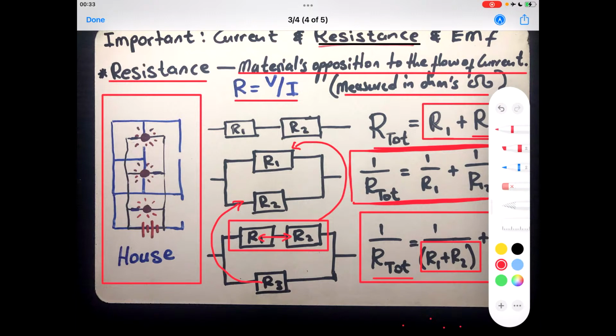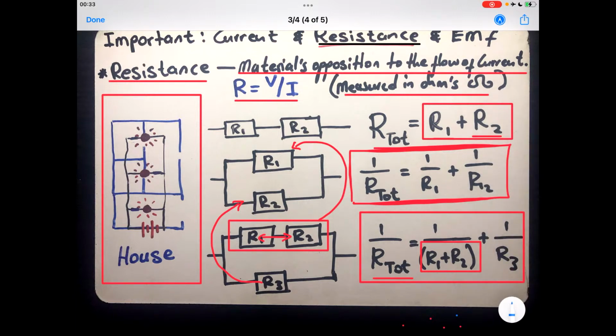Remember guys, this is me during my time saying, okay, if we've got a house, it's easier to say that within a house, possibly we have a parallel type of connection. It might be parallel, and within that parallel you still have a series connection.